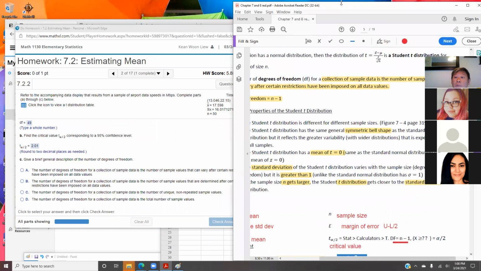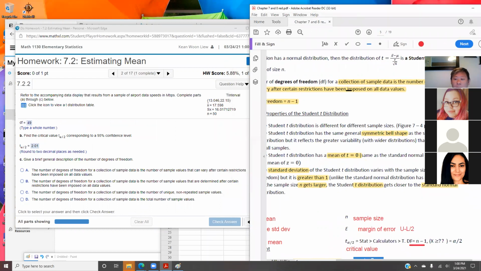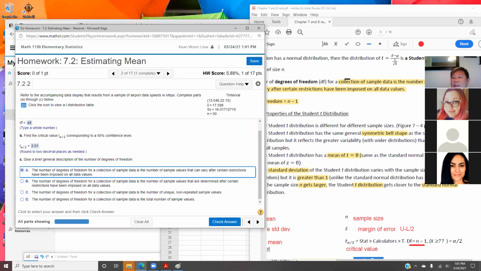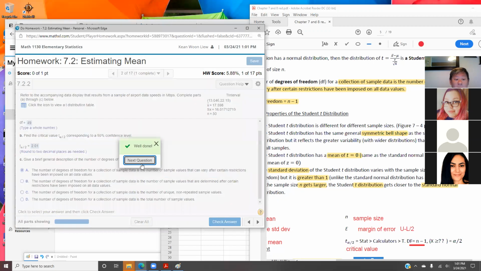So it's exactly the same. Make sure you know which one is matched with this one. It should be exactly matching. That is the definition of degrees of freedom. Yeah, I think it's that one.